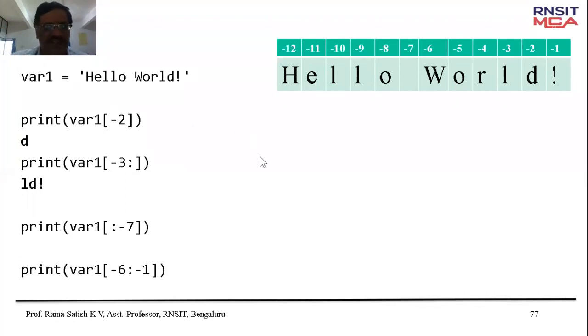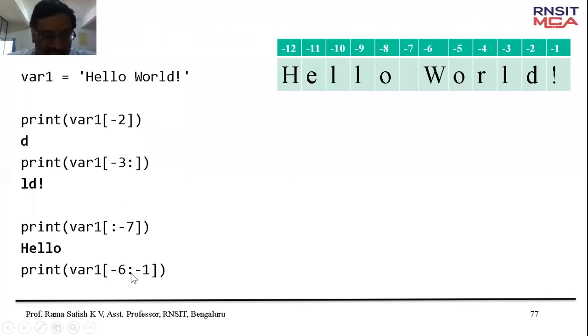Next. Minus 6 colon minus 1. Up to minus 1, not including minus 1. Minus 6 to minus 1. Yes. World, that's all. The exclamation mark is not printed.